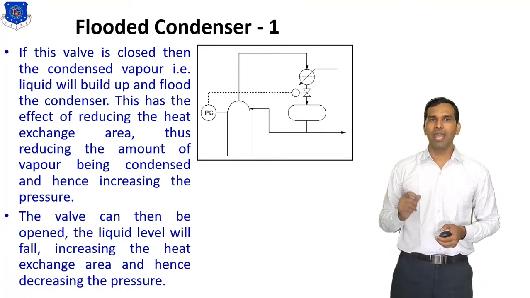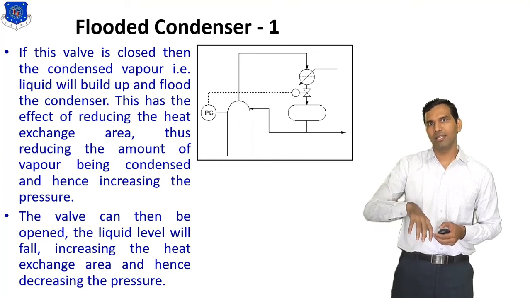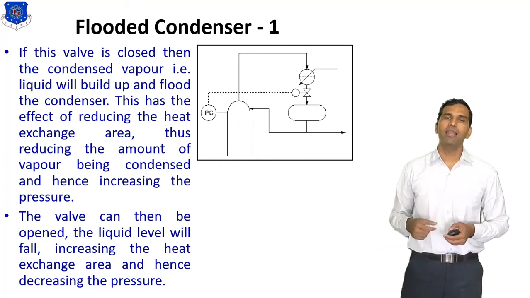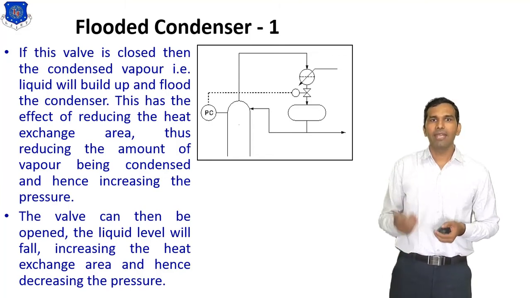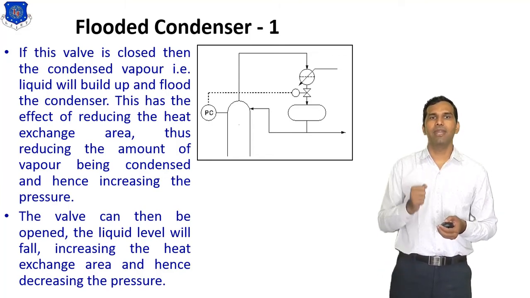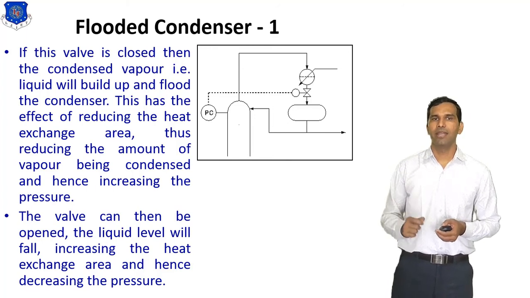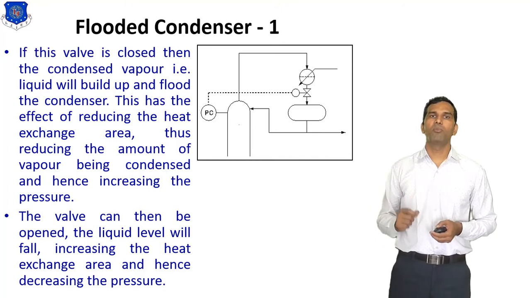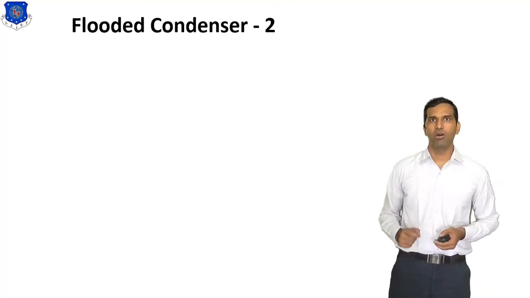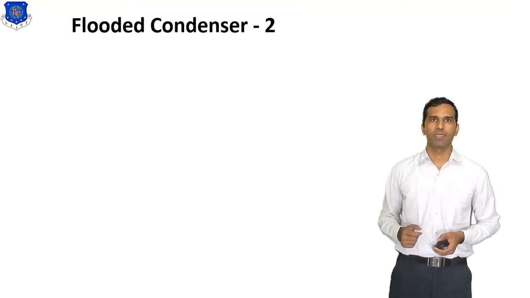The valve can then be opened, that means the opposite phase. If the valve is open, the liquid level will fall, increasing the heat exchange area and hence decreasing the pressure. So this is the working of the flooded condenser method.